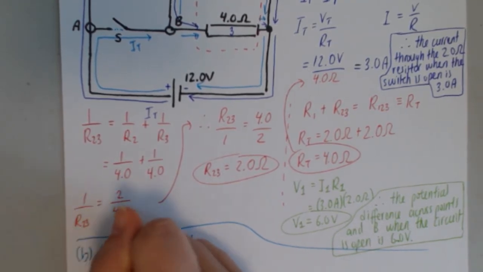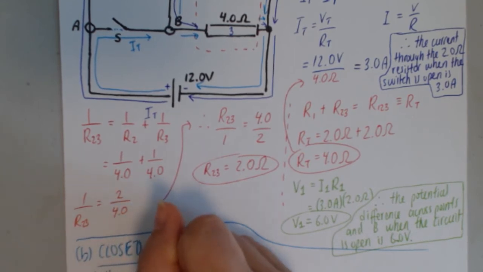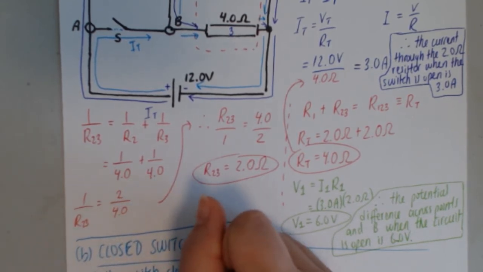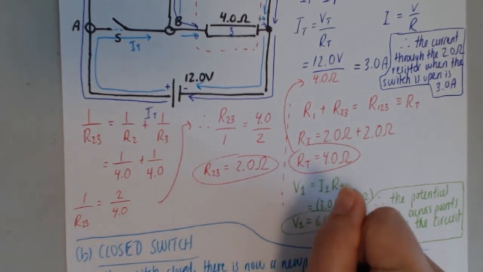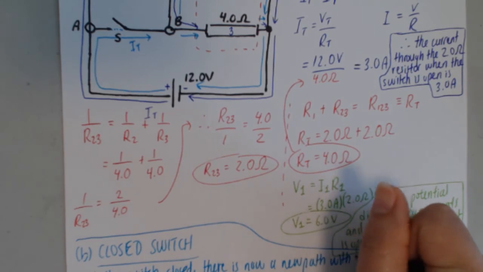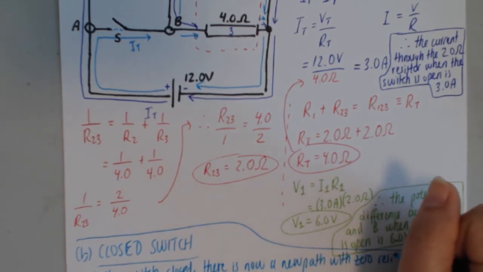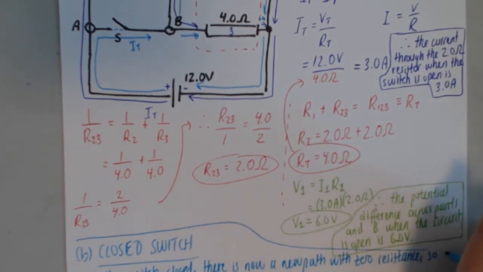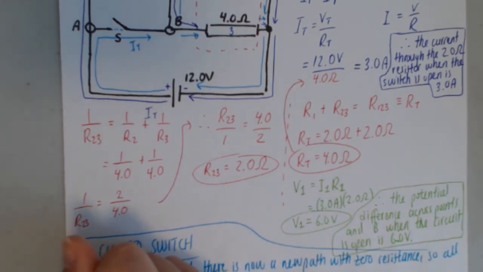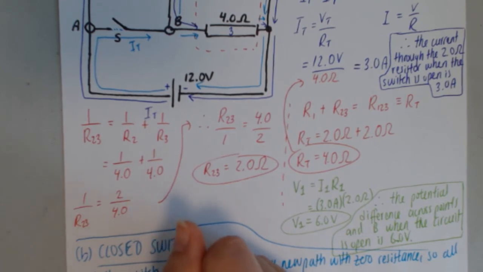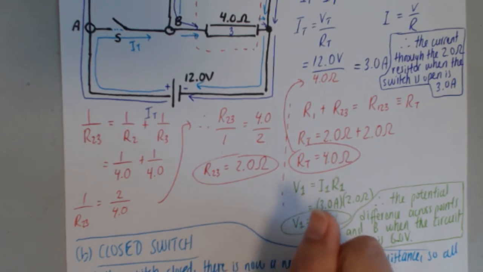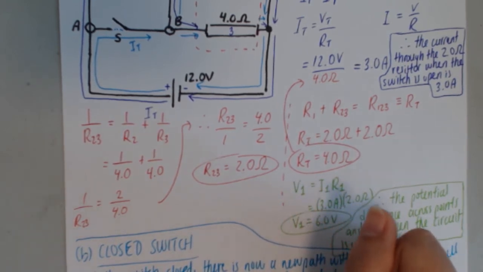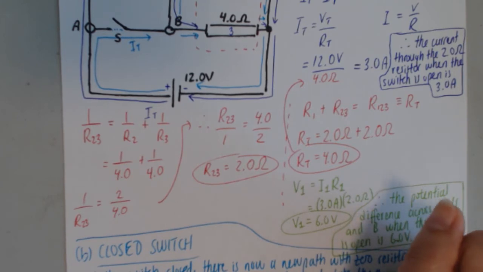With the switch closed, there is now a new path with 0 resistance, so all the electrons will forego the 2 ohm resistor and take the new path.